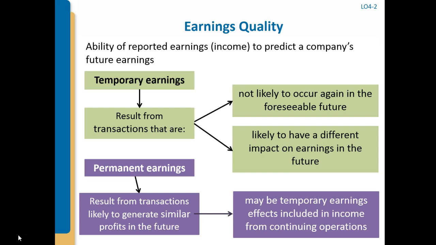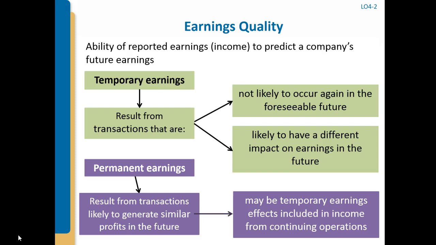One meaning of earnings quality is the ability of reported earnings to predict a company's future earnings. So the relevance of any historical-based financial statement hinges on its predictive value. To enhance predictive value, analysts try to separate a company's temporary earnings from its permanent earnings.